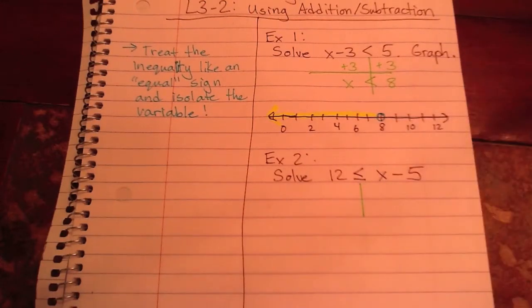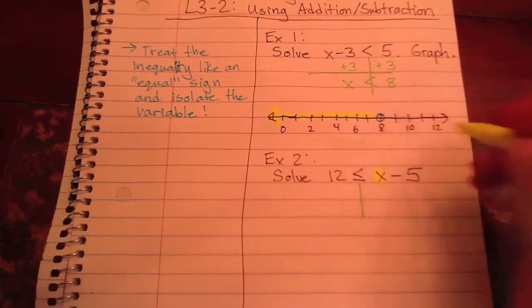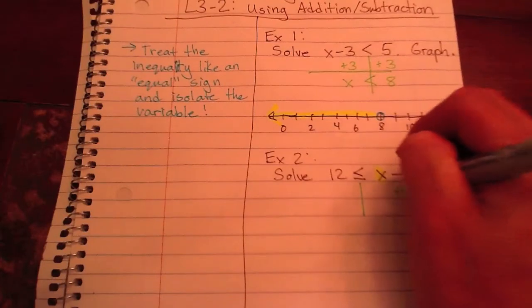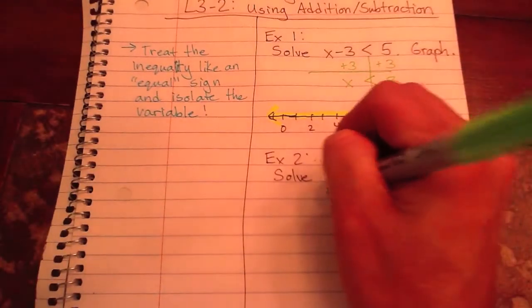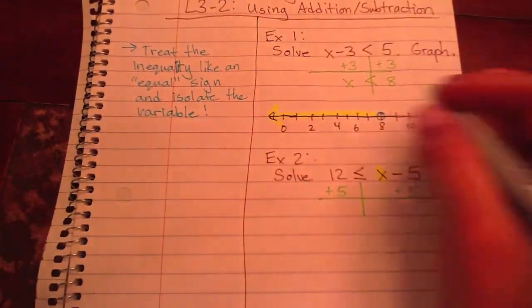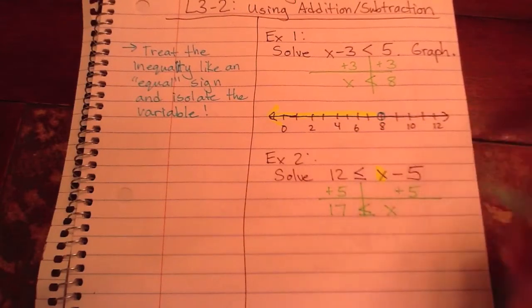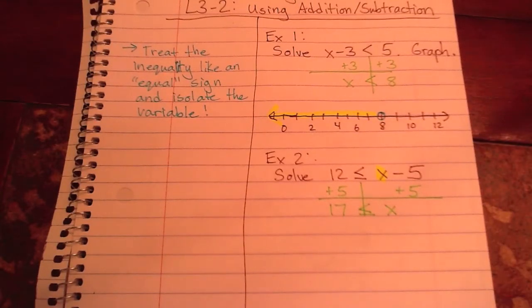And then you're trying to isolate, and if you're getting confused, you can always go to your highlighter. You're isolating that variable. Opposite, an inverse operation would be add 5. Now I have 17 is less than or equal to x. X is isolated. And it asks me to graph also, so we're going to graph that.